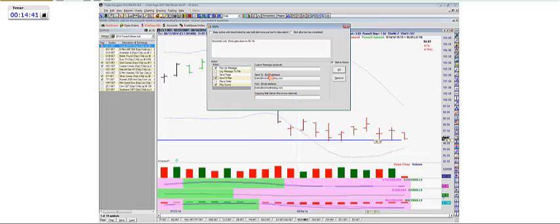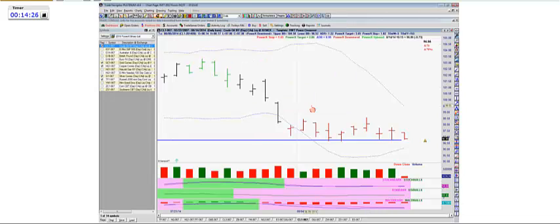I could even have it send me an email. Like, crude oil triggered short. So I could put an alert and just let that run, and then once it triggers, go to the NADEX platform and place a trade.